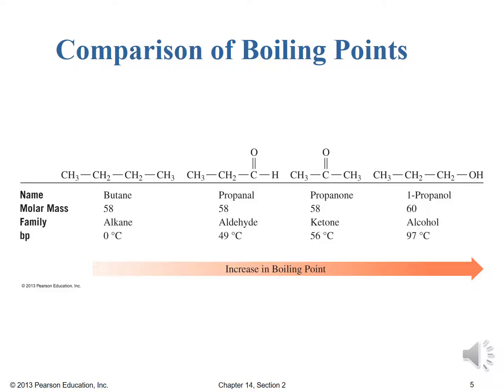So there we have it, roughly the same molar mass, so really it's down to those sorts of interactions. The alkane can only do London or dispersion forces, whereas the aldehydes and ketones are dipoles, and they can do dipole-dipole interactions as well. And then finally the alcohol, which can undergo true hydrogen bonding, gets a higher boiling point yet.